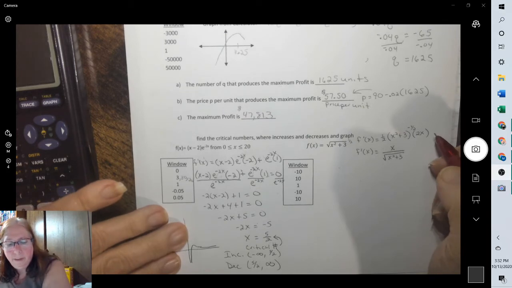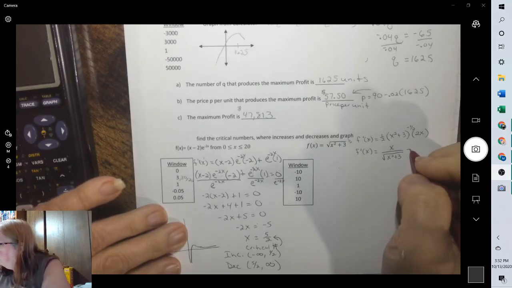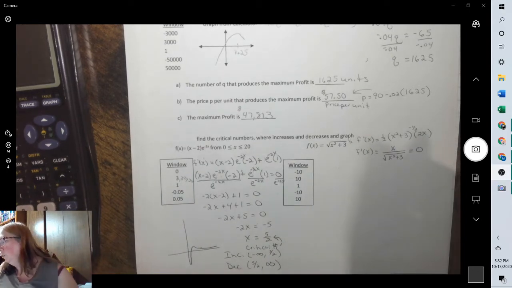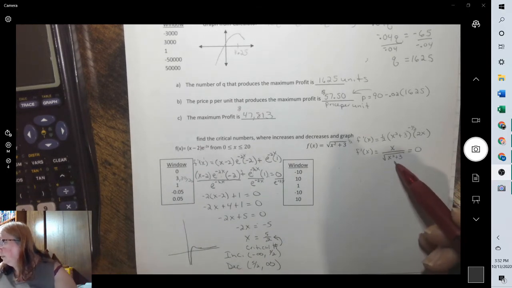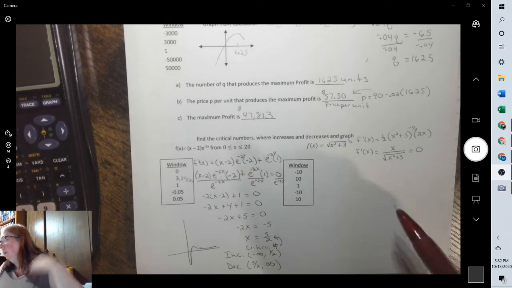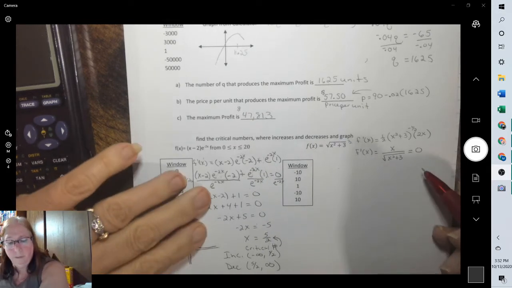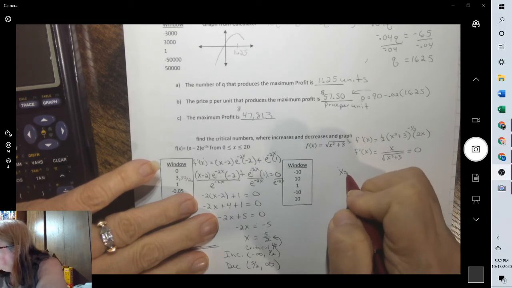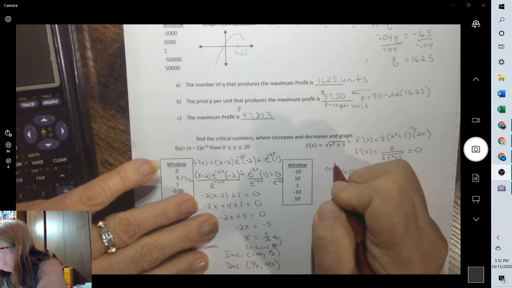Now we want to set this equal to 0. Because remember, we need to check where the denominator is 0 also, because increasing and decreasing could change. So setting the top equal to 0, we get x equals 0 as a critical number.